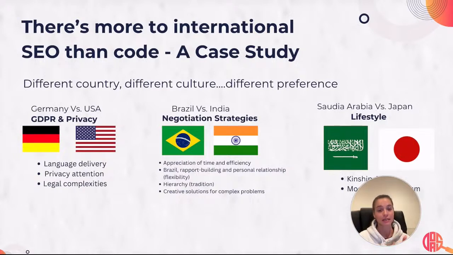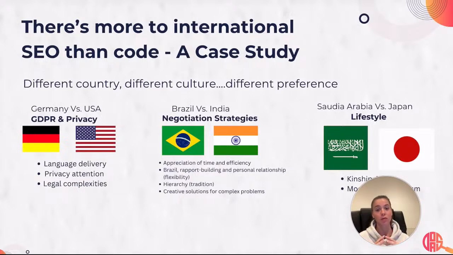Brazil and India, a great example of this would be negotiation strategies. These countries are wildly different, but they're both obviously amazing. We've got appreciation of time and efficiency. In Brazil, people like to take their time. In India, people like a quicker turnaround.